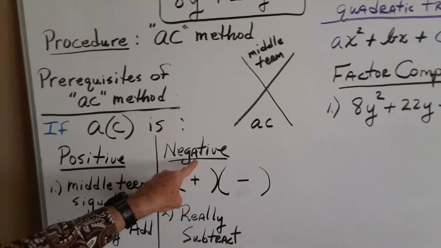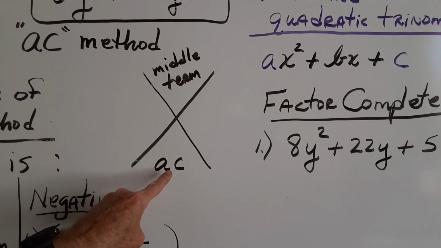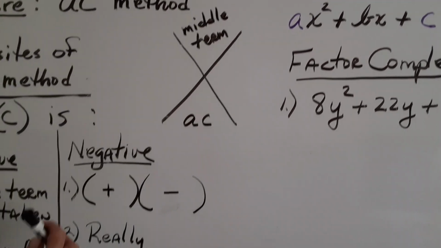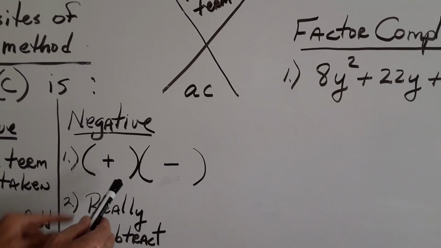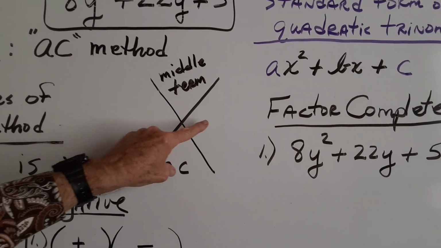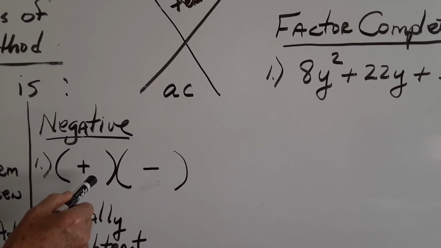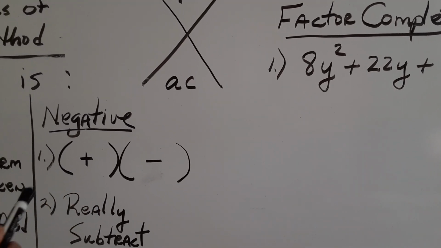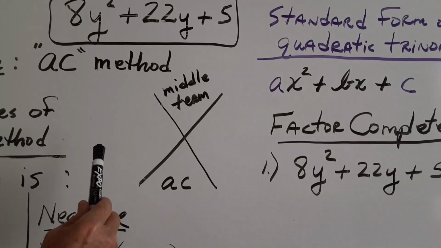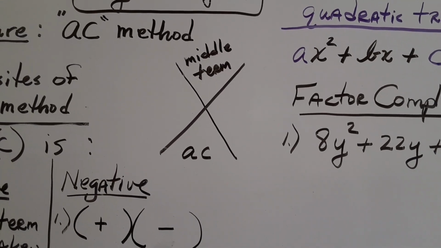If A times C is negative, if the number in the 6 o'clock region is negative, the first thing that will be true is the 9 o'clock region and the 3 o'clock region will have different signs. One of the regions will be positive and the other one will be negative, and it will not make any difference which one you let be positive and which one you let be negative.